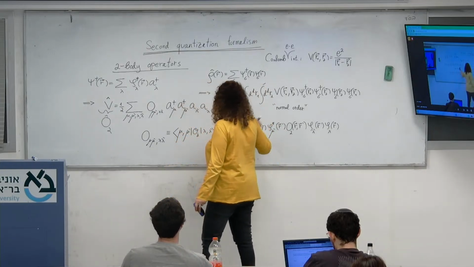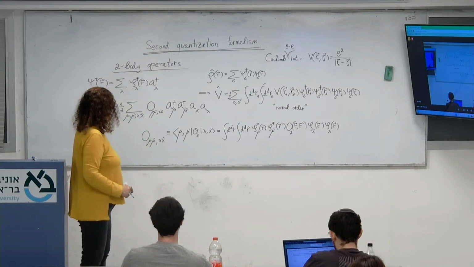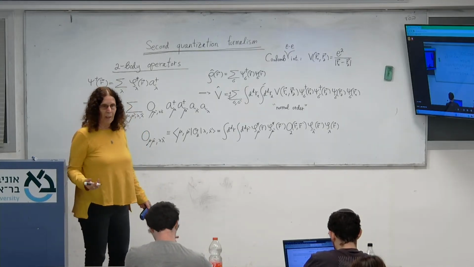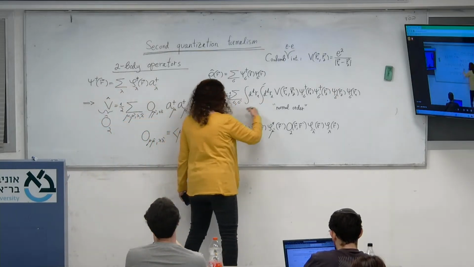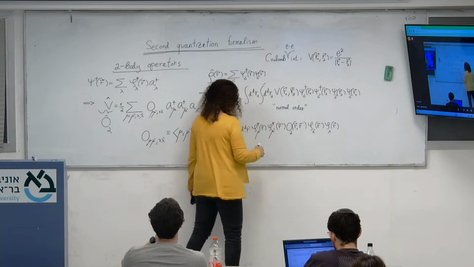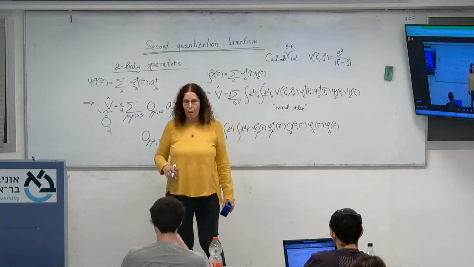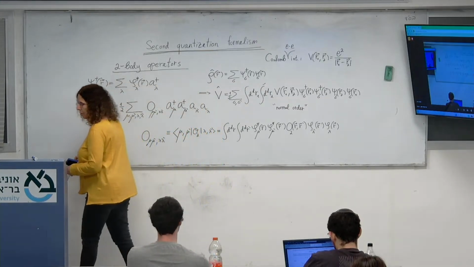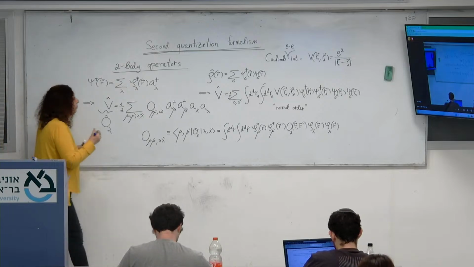But of course, if it appears in the Hamiltonian, because the interaction is a Hermitian operator, like any physical operator, then you should have the sum of terms that give you something that is Hermitian conjugate. Okay, every term comes with its Hermitian conjugate. Okay, so this is the most general way of writing a two-body interaction. Let me put it in a box.